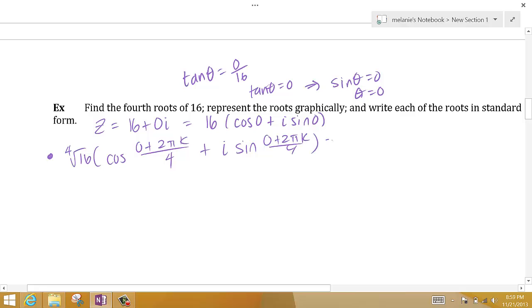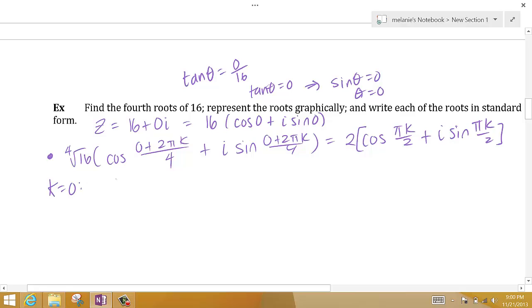Let's clean this up first. We get 2 cosine; 0 plus 2 pi k is just 2 pi k, so we end up with 2 pi k over 4, so that's cosine of pi k over 2 plus i sine of pi k over 2.